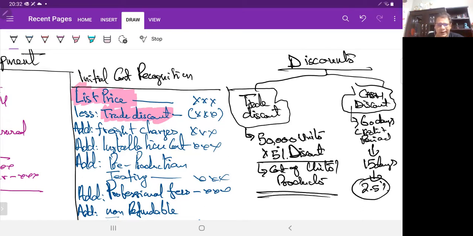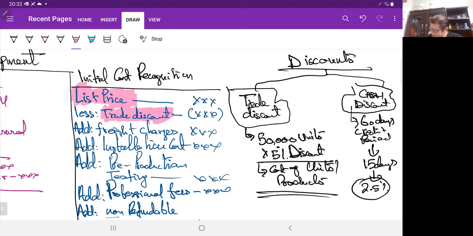That's the cash discount. We will only deduct the trade discount from the cost of the asset, not the cash discount. Why so? Because we are not sure whether we are going to take the cash discount or not. That's the reason we will only deduct the trade discount from the cost of the asset and not the cash discount. I hope you get the point here.